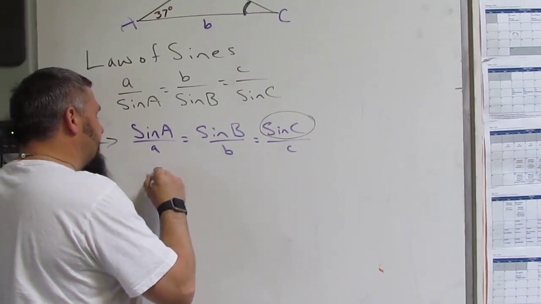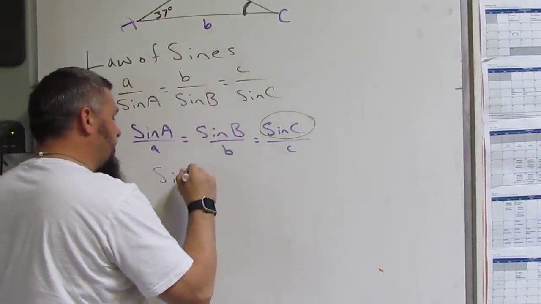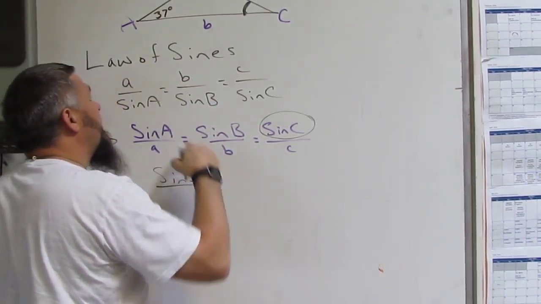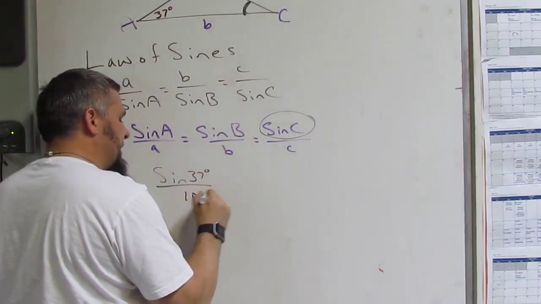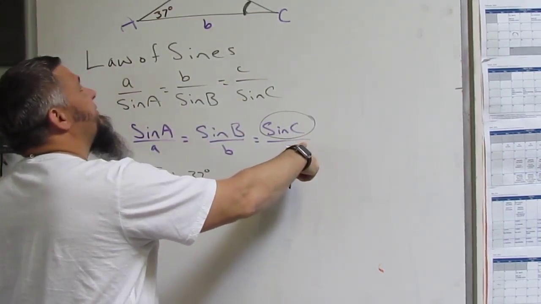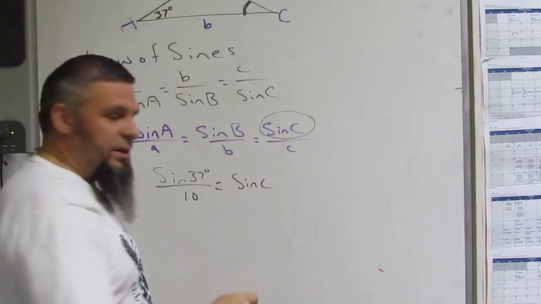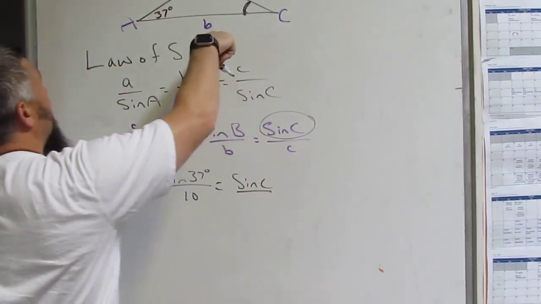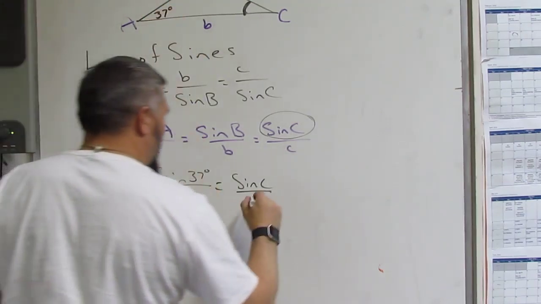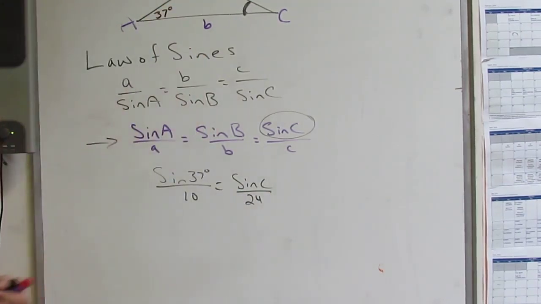So we're going to say that the sine of A, which is 37 degrees, over little a, which is 10, is equal to the sine of C, which we have no idea what C is, over 24. So how do I get the sine of C by itself?